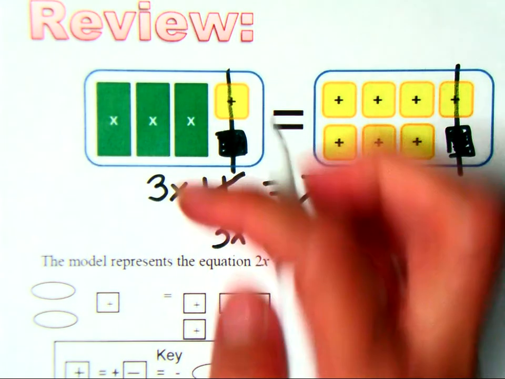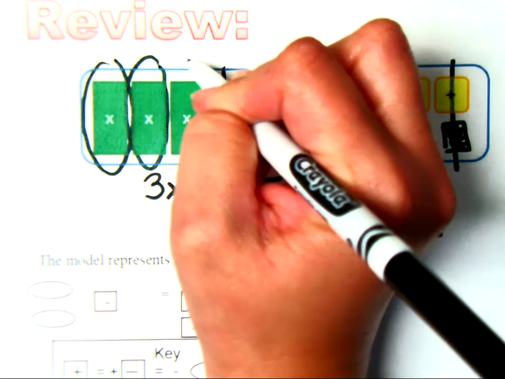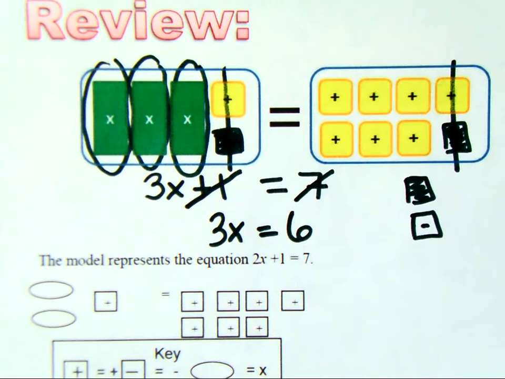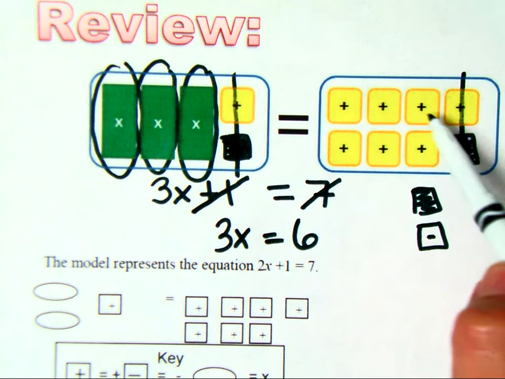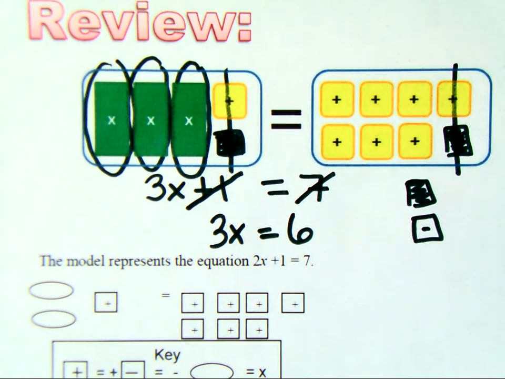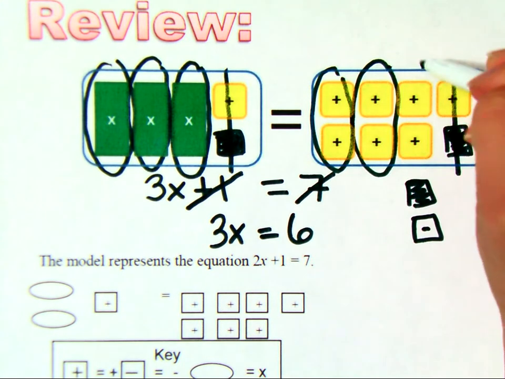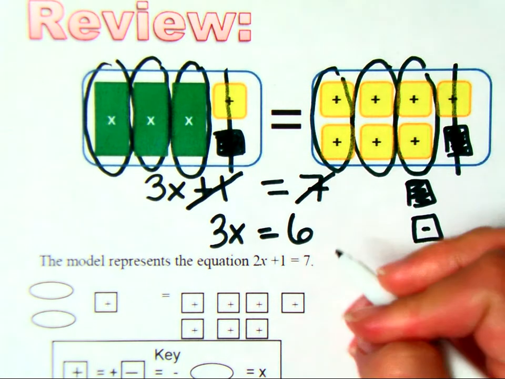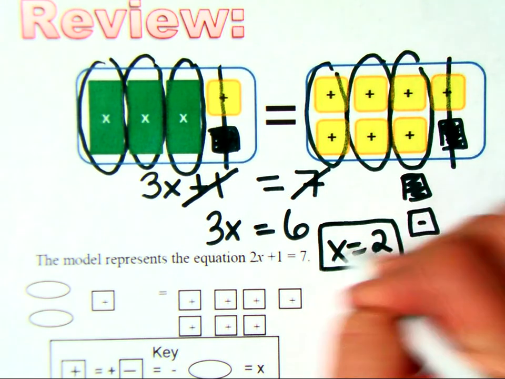What we want to think of is for every 1x, that's 3 groups. 3 divided by 3 is 1, and that's what we want. We want x by itself. So if I have 6 over here, and I need to put 6 positives into 3 equal groups, there we go. So we're saying that x is going to be equal to 2.